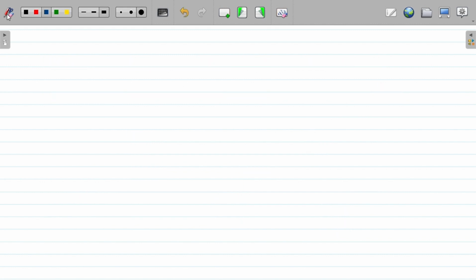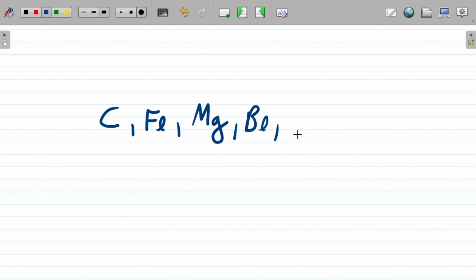Here's a group of elements. If you look closely, there's nothing written in the top right corner of these symbols. Exactly right here.